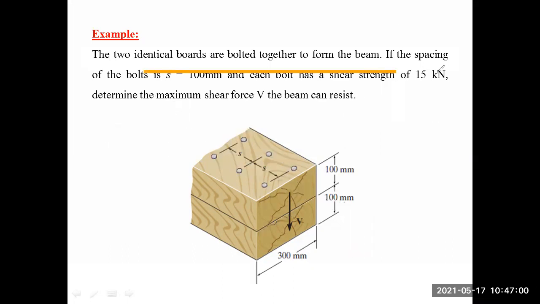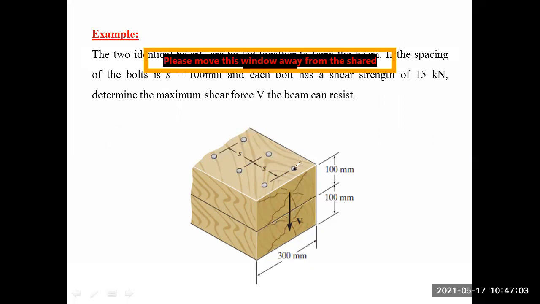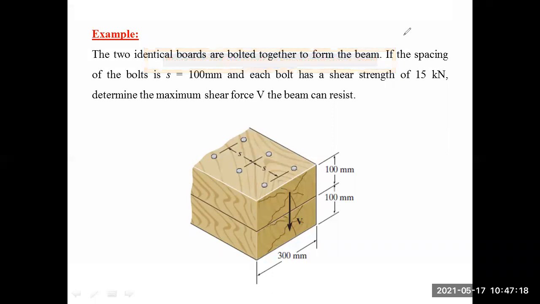Is it clear why we divide the Q over 2 if we have 2 rows, this is 1 row and this is 1, so we have 2 rows? Is it clear? Okay, it seems to be clear.